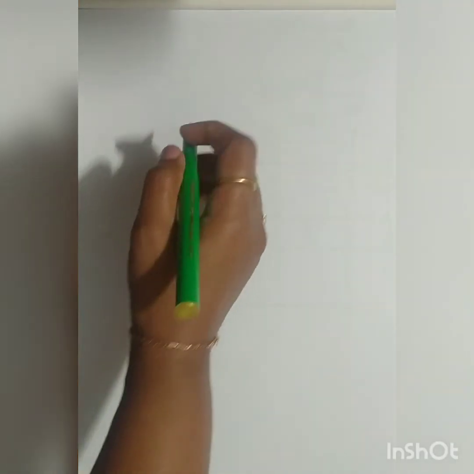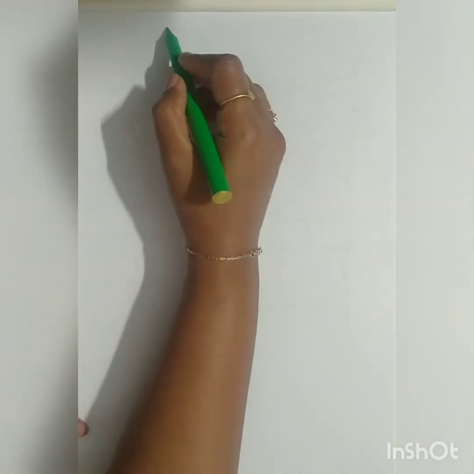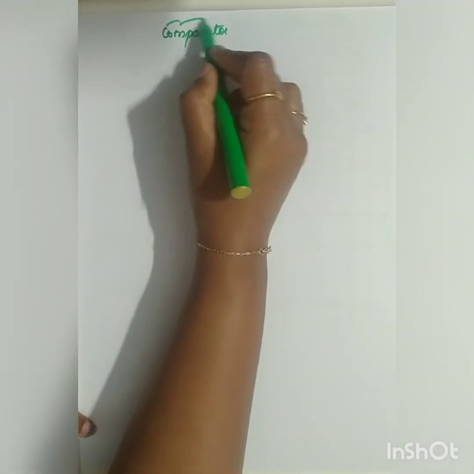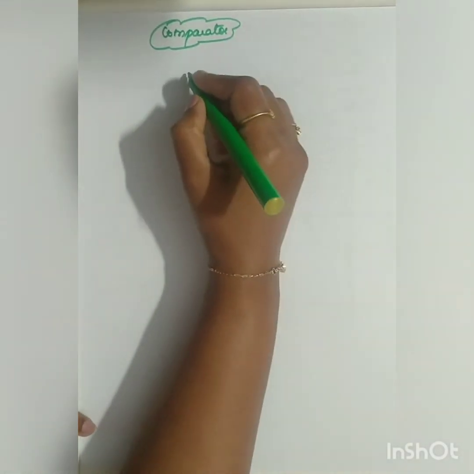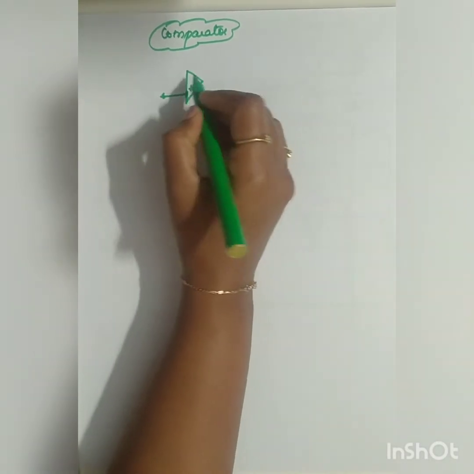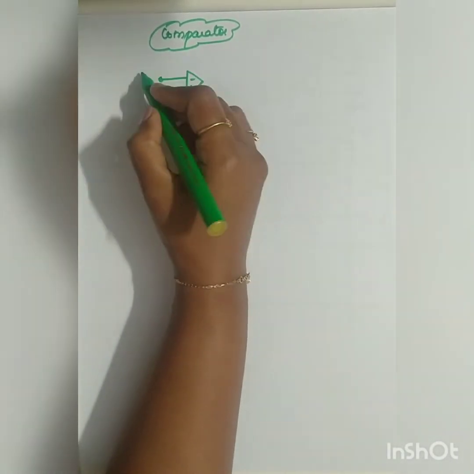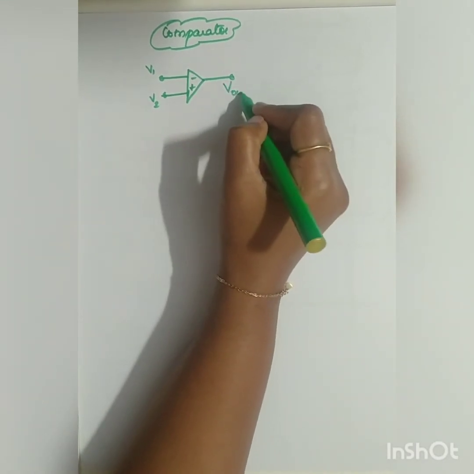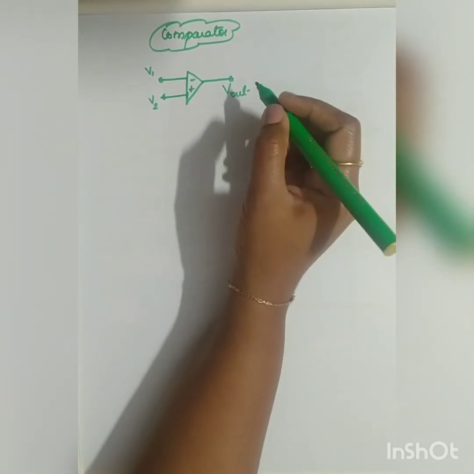The next topic is your comparator. Let me draw the diagram once again. The comparator compares two input signals, one at the non-inverting terminal and one at the inverting terminal. If this is V1 and this is V2, the output V out will be the comparison of the two signals.